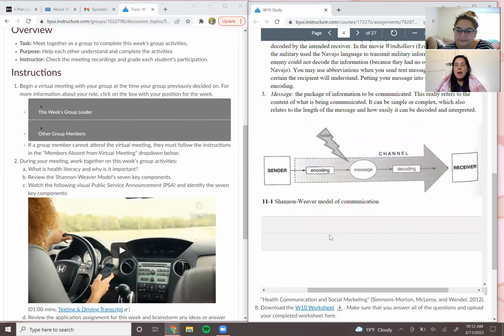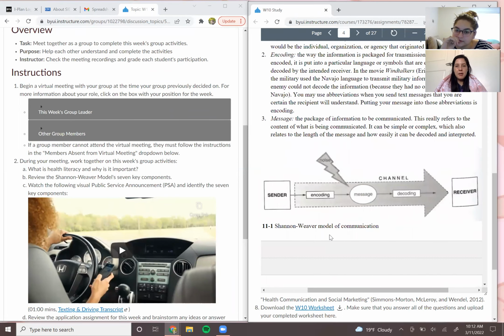And also something else I understood under encoding is the way that you put the message, like if you're using abbreviations that some people would understand and others wouldn't, or the language in which you're putting that message, and how it speaks to your target audience. You have to remember those kinds of things as well.